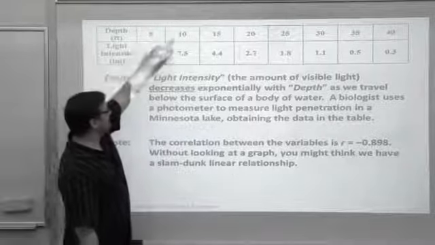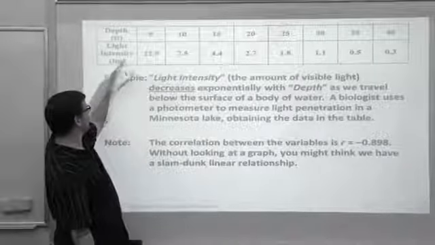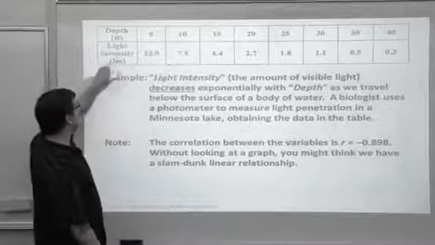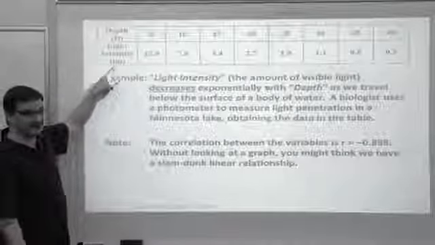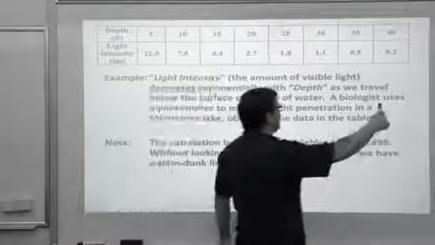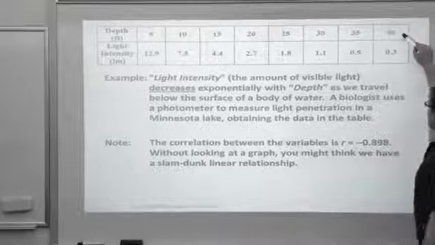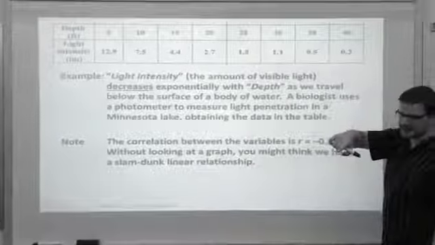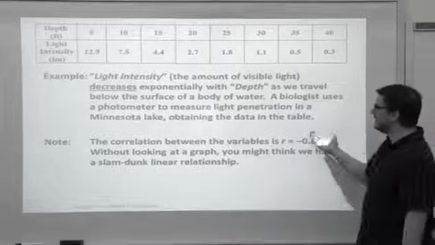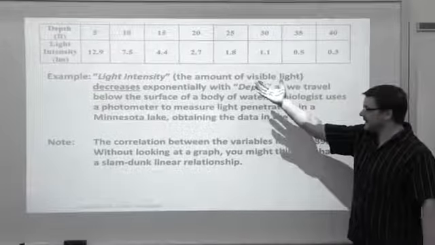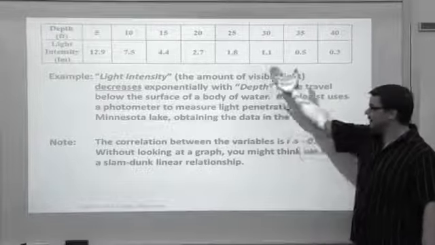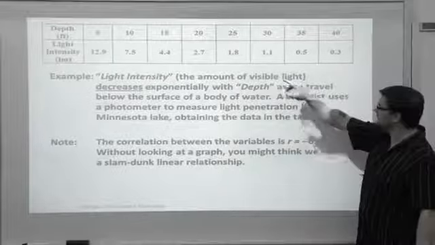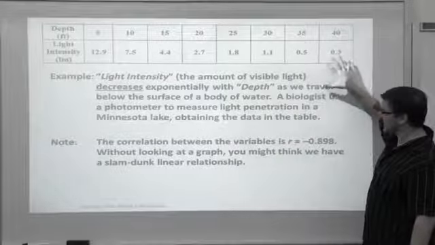I go down 10 feet. The measurement is 7.5 lumens. And all the way down, if we go 40 feet below the surface, how much light is getting down there? You can see the picture in your notes of the scatter plot. It's exponential decay. As you go further down, it slows down in terms of how much light is getting down there.